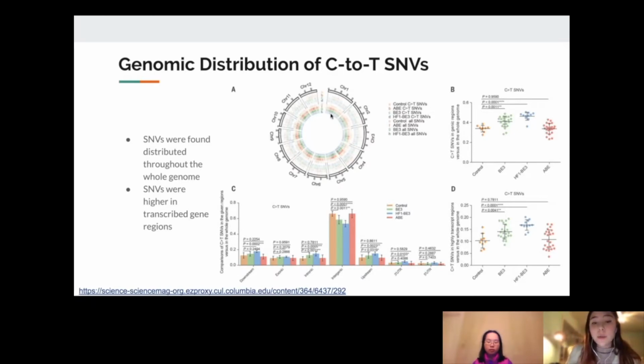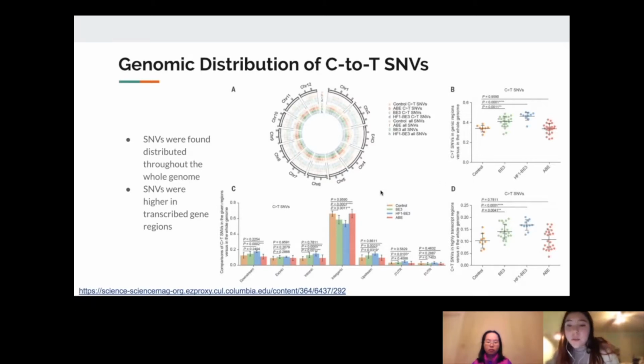As we go around this genome through all of these chromosomes, the color of each band, or the density of each band, stays pretty much the same. So this suggests that the number of single nucleotide variants is pretty much evenly distributed throughout the whole genome.